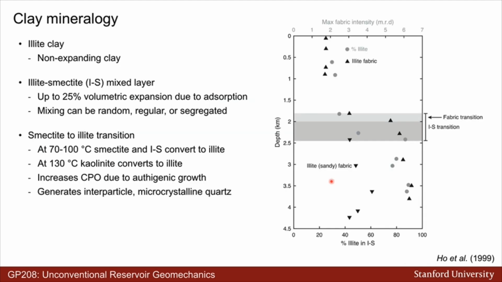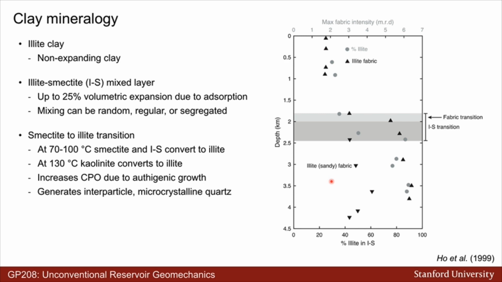Clay mineralogy is important to consider because in the Earth, there's a strong transition at fairly low temperature from expandable smectite clays to non-expandable illite clays. And because of that, what we often see are these illite-smectite interlayer structures, which can be mixes between both illite and smectite clays.